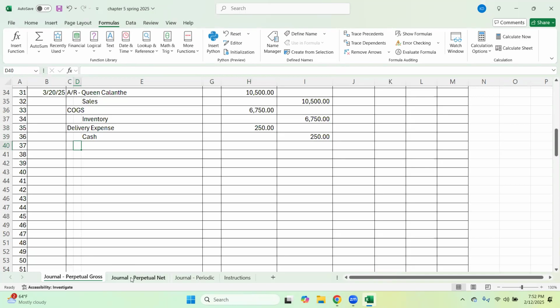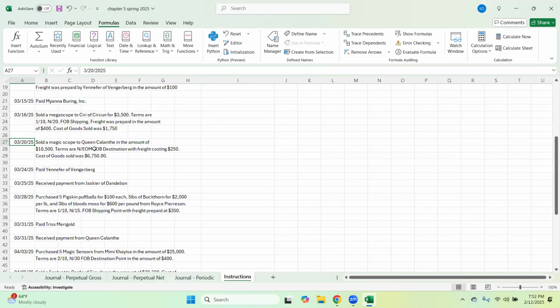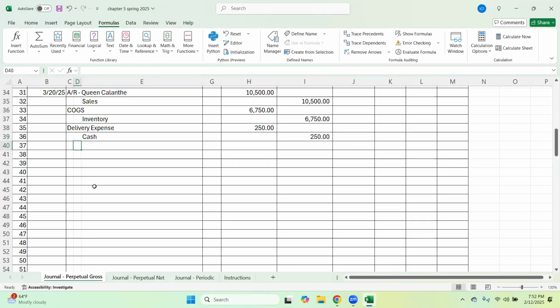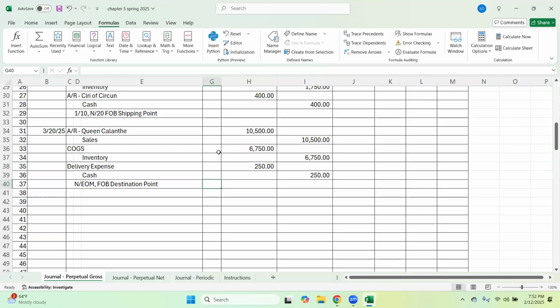Now I'm going to describe it. How am I going to describe it? I'm going to describe it as terms are net end of month, FOB destination point. Now, it really is super important, end of month.